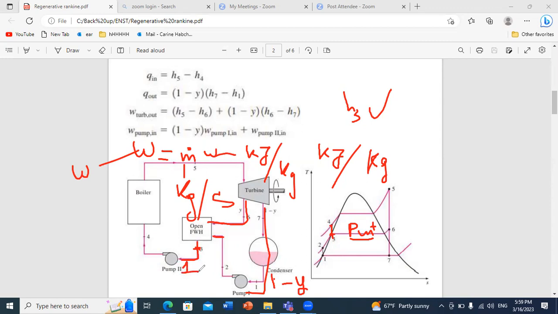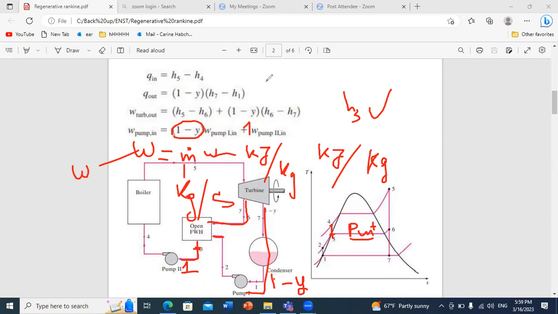This is why when you want to find the net work, you should multiply W pump 1 by the coefficient 1 minus y, and W pump 2 by 1, because you don't have the same flow rates going through your system.